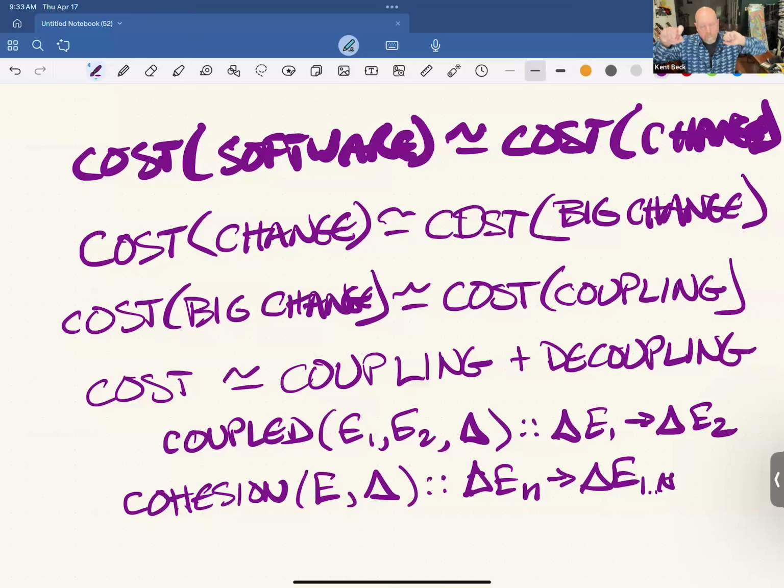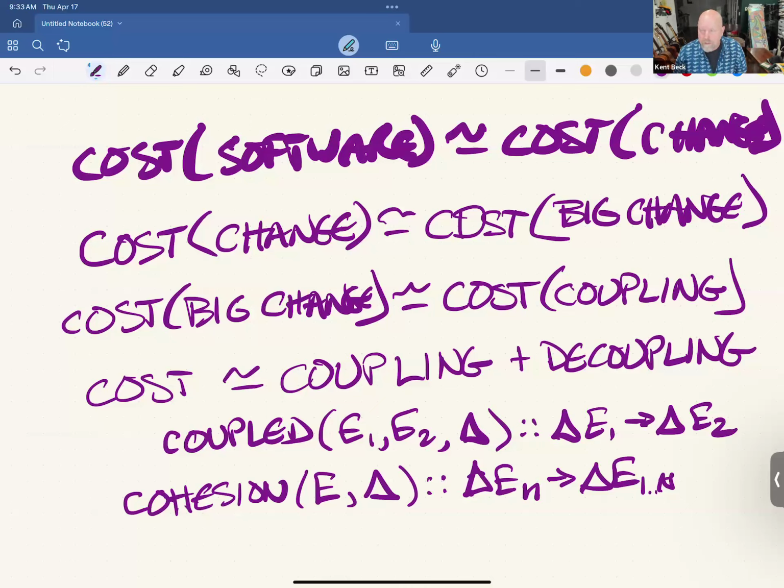If I extract a helper method that's just those two lines and nothing else, that helper method is cohesive because I have to change both of them at the same time. And there's nothing else. The beauty of it is there's nothing else I have to analyze, nothing else I have to understand. So that's cohesion. Cohesion is coupling reduced in scope.